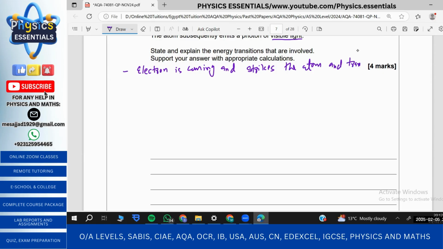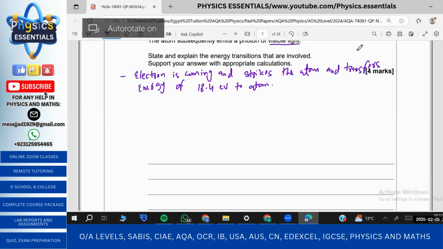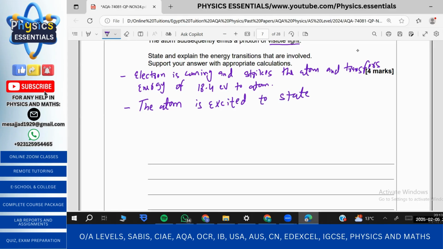It transfers energy of 18.4 eV to the atom. Then what happens? Once the atom has absorbed this energy, of course, it is going to excite, right? The atom is excited to state B.